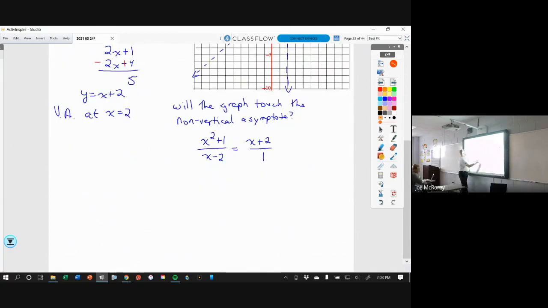Cross multiply, so we get x squared plus 1 times 1 is x squared plus 1, and then we have x minus 2 times x plus 2, or x squared minus 4, because the negative 2x and the positive 2x cancel. Subtract x squared from both sides, and we get 1 equals negative 4.